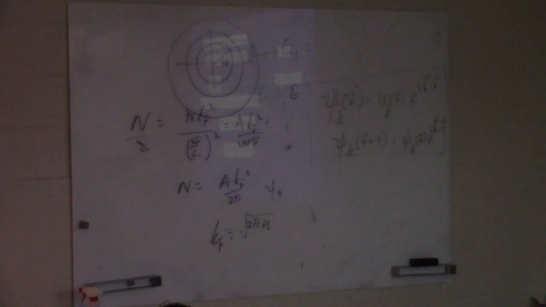So then you can easily write this in a different way: psi k of R plus T equals psi k of R times e to the i k dot T. In one dimension, how do you write this? Psi k of x plus a equals psi k of x times e to the i k a. That's it.